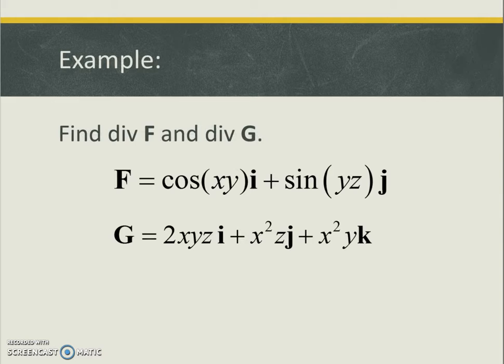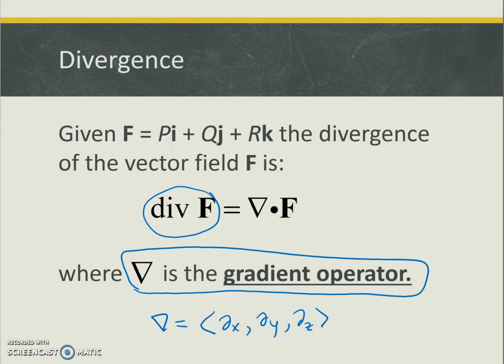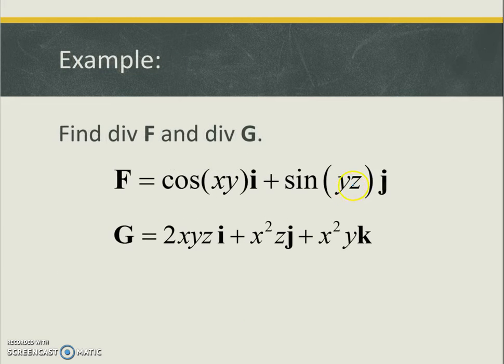I've got two vector fields here, and notice that since it was a dot product, this partial with respect to z may or may not be applicable. If I look at F, I can do the divergence of F with or without knowing that implicit there is a 0k.